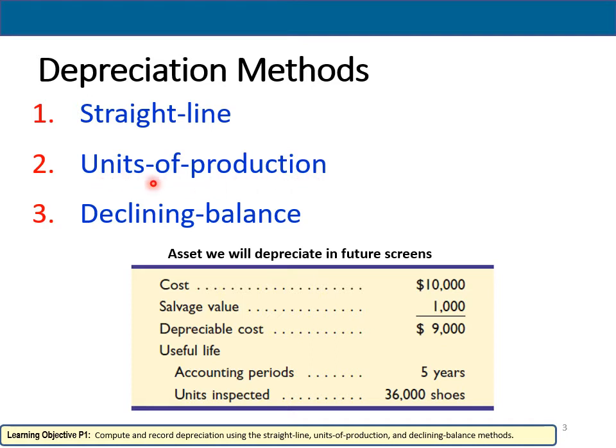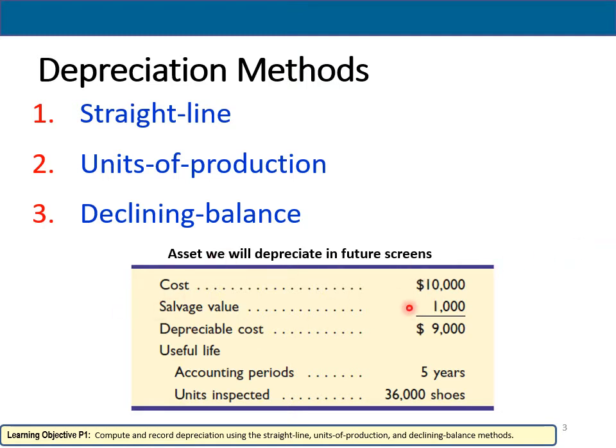Or if it's a car, the activity driver might be miles driven. And then declining balance, which is what we call an accelerated depreciation method. It's accelerated because you get your biggest depreciation expense in the early years of an asset's useful life, and then they decline as time progresses.